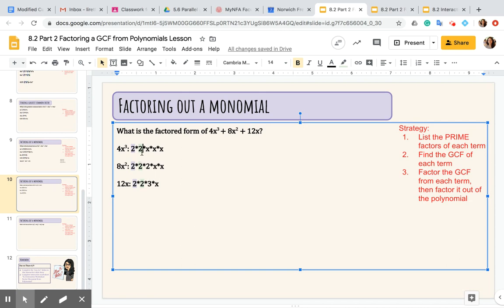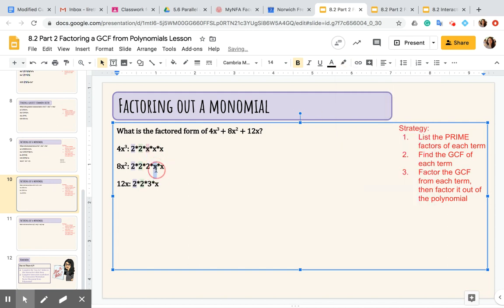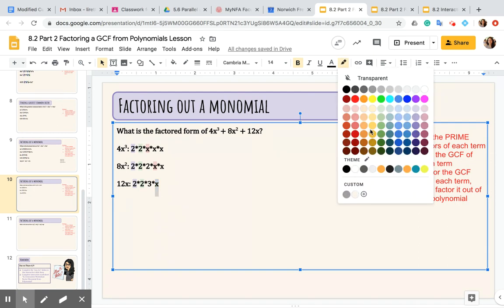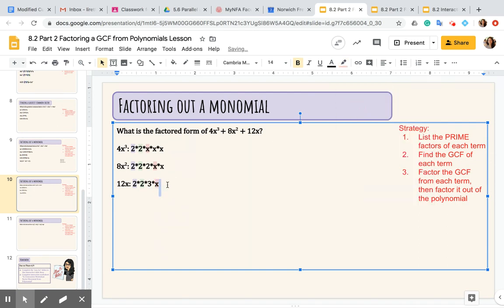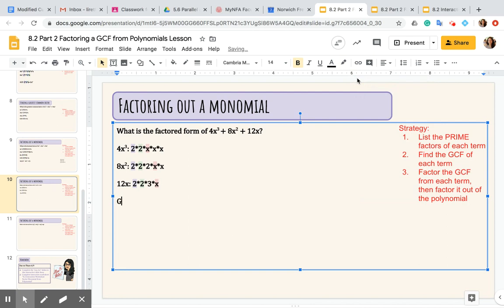I do from the last 2, but if it's not going to have anything to match up with in the first, then that's it. I have an x and an x, and another x. And that's as many x's as I can pull because this last one doesn't have any more. Okay, there's more in the first and the second, but there's no more in the third, so I can't take what I don't have. So my GCF is going to be 2 times 2 times x, which in this case is 4x.